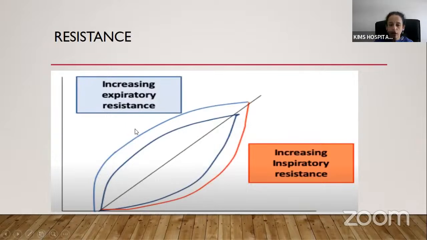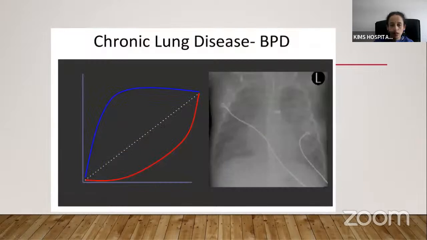And if there is increased expiratory resistance, then it leads to the hump. So the width of the PV loop increases. This is the PV loop in chronic lung disease, BPD, in which expiratory resistance is also there.